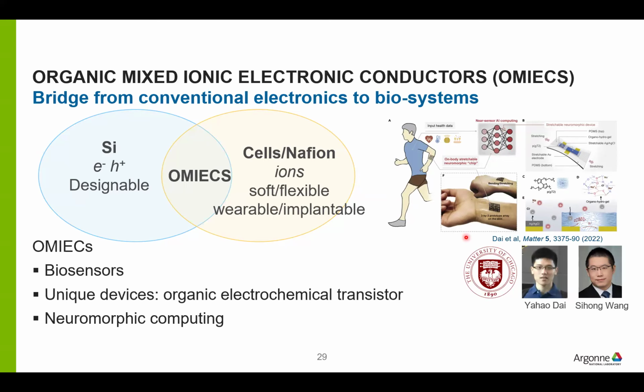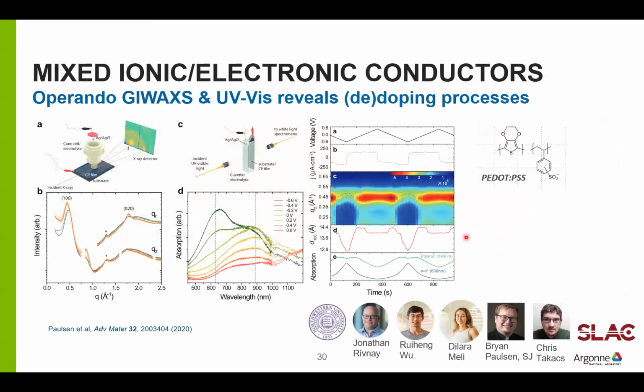But then other groups are using scattering techniques. This group does too, but I'll highlight some other research from a different group where they go more into the mechanism of these. So this is research in collaboration from Jonathan Rivnay's group at Northwestern and Chris Takacs at SLAC.